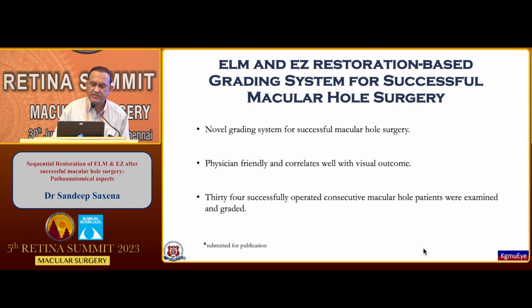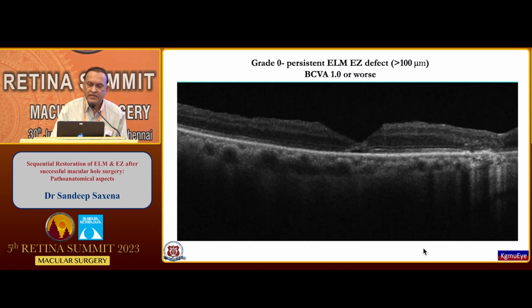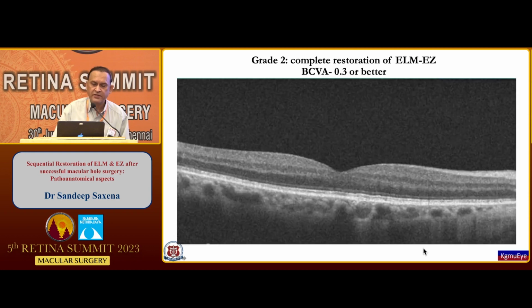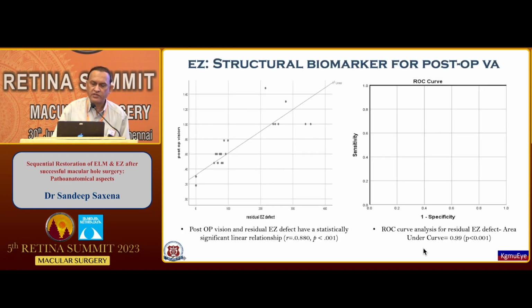This novel grading system is physician-friendly and correlates with the visual outcome. In grade 0, there is persistence of the ELM and EZ defect. In grade 1, there is partial or total restoration of the ELM with a shortening of the ellipsoid zone defect. And in grade 2, there is complete restoration of the ELM and EZ with good visual outcome.